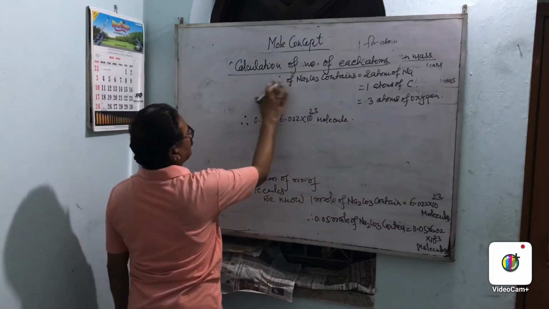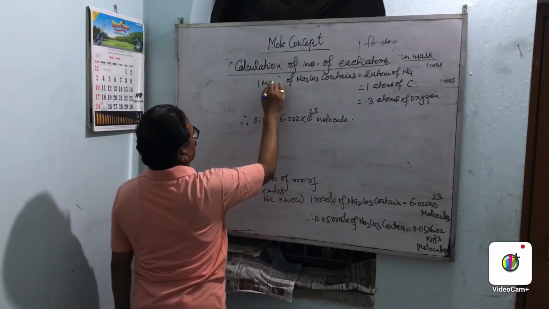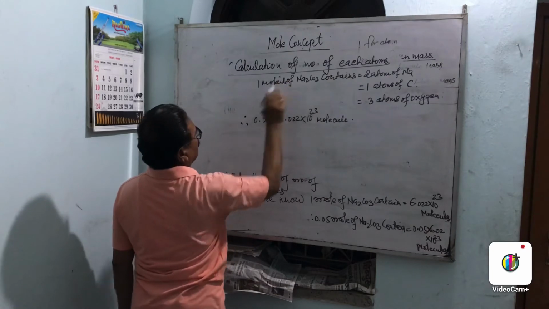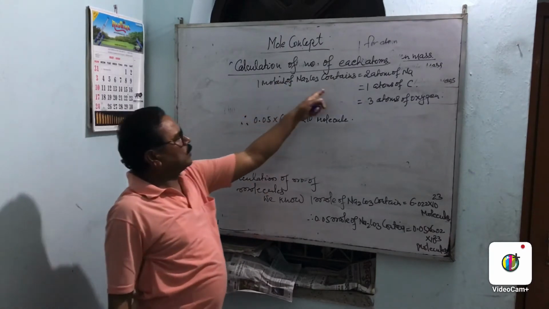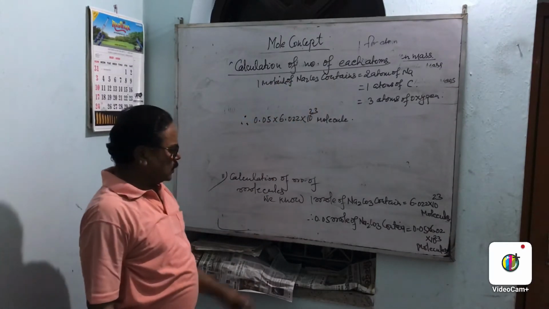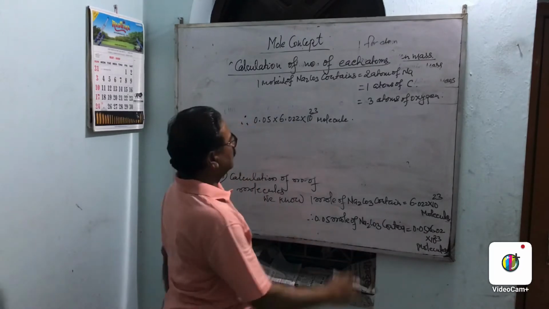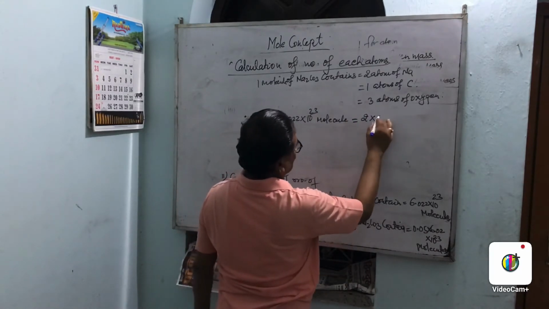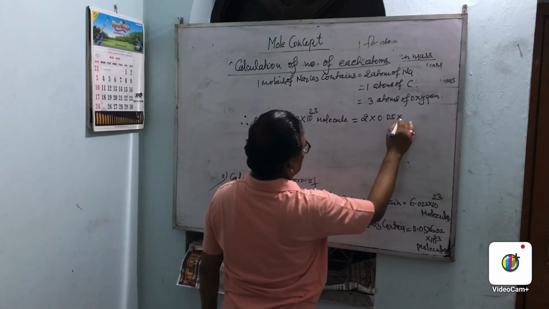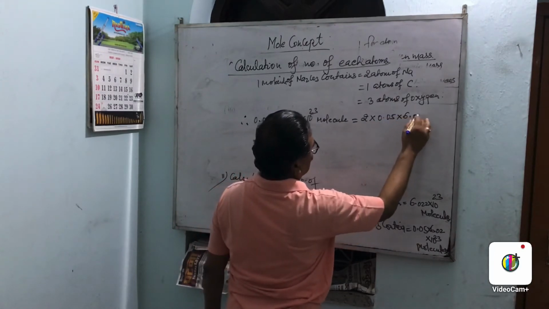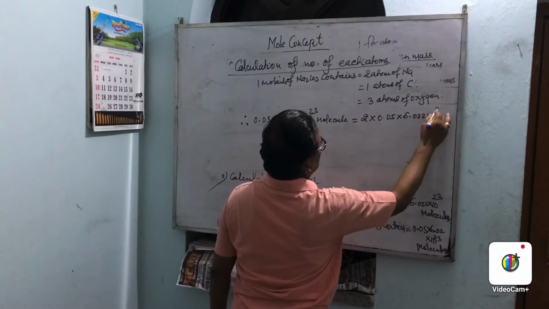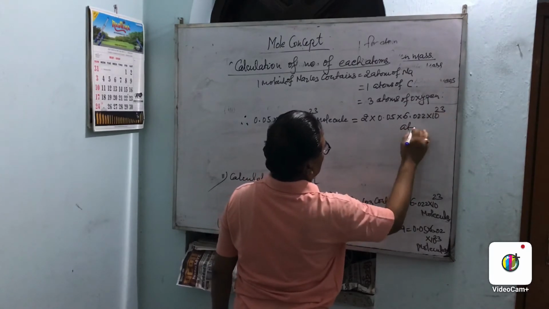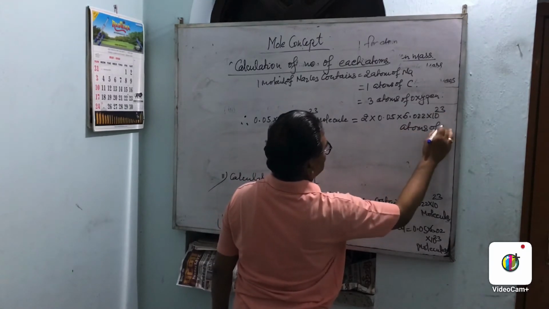One molecule of sodium carbonate contains 2 atoms of sodium, so it will contain twice 0.05 multiplied by 6.022 into 10 to the power 23 atoms of sodium.